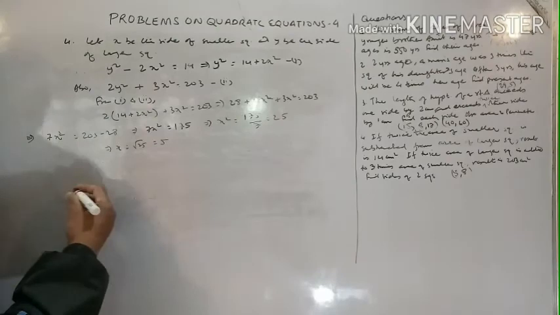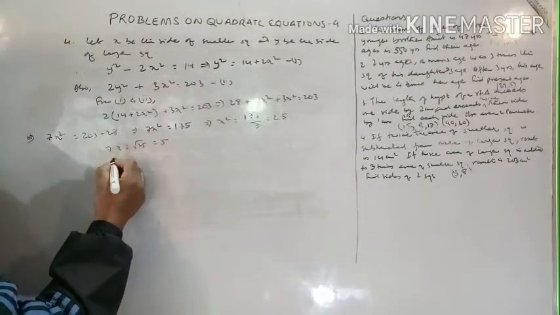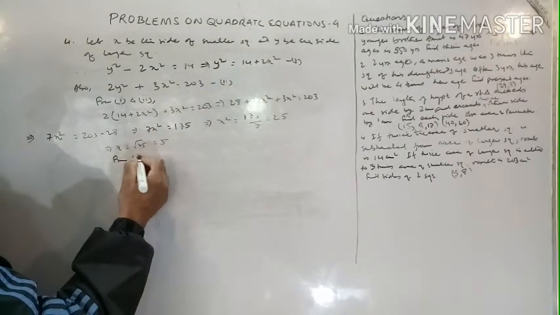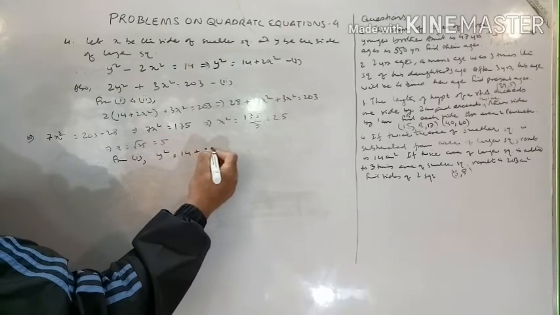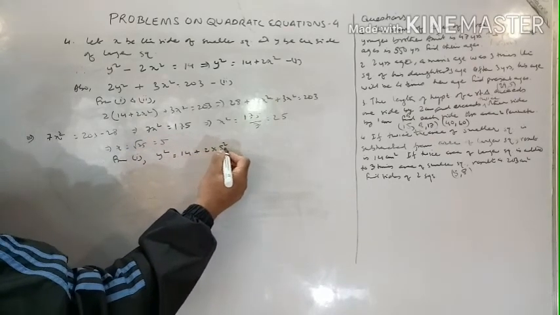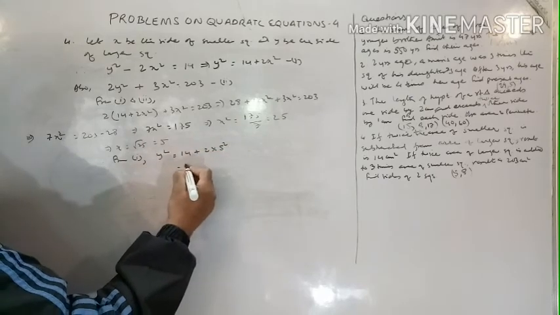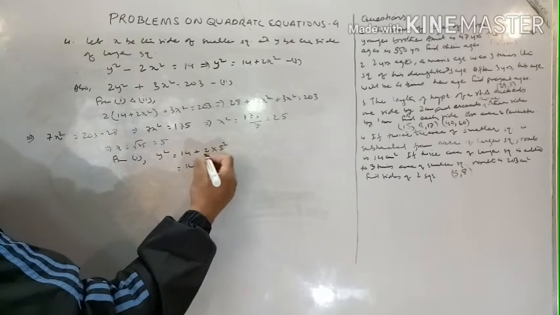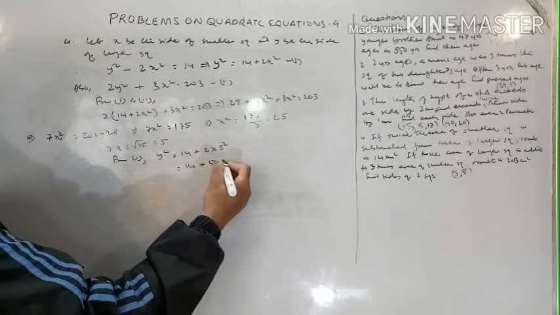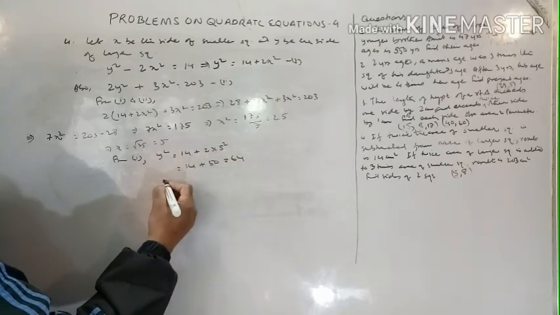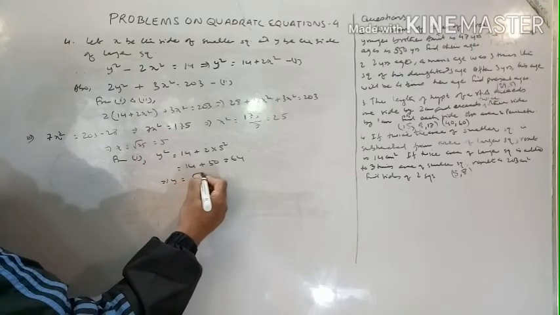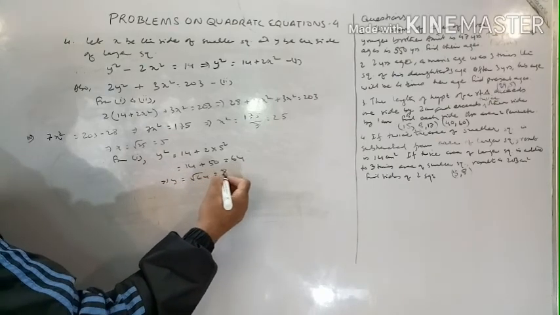For the other, we put the value in equation 1. So y square is equal to 14 plus 2 into 5 square, that is 14 plus 2 into 25, which is 50, so that will be 64. So y equal to root over 64 is equal to 8.